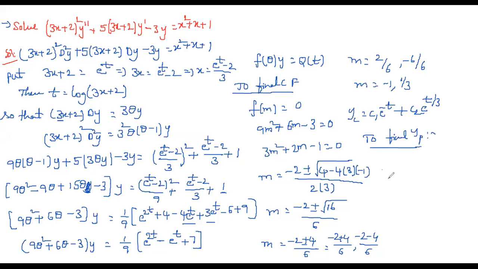So yp is equal to 1 by f of theta, which is 9 theta square plus 6 theta minus 3, into what we already have: 1 by 9 into e power 2t minus e power t plus 7.